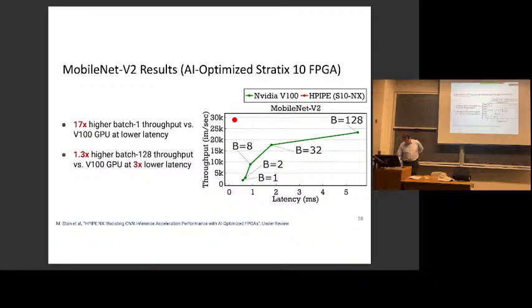Compared to a comparable but actually somewhat bigger GPU, it's just better at every point. The GPU can get more throughput if you give it a bigger batch, but its latency goes up. And even with a very big batch, it can't equal the throughput of the FPGA, and its latency is much higher. So this architecture works well for CNNs.